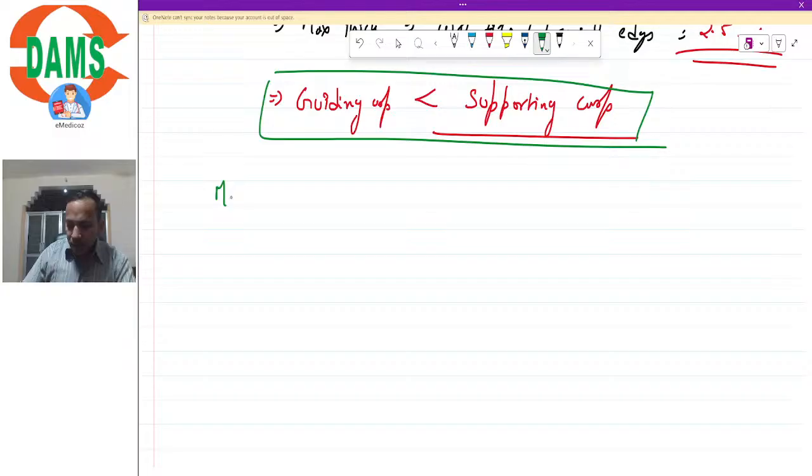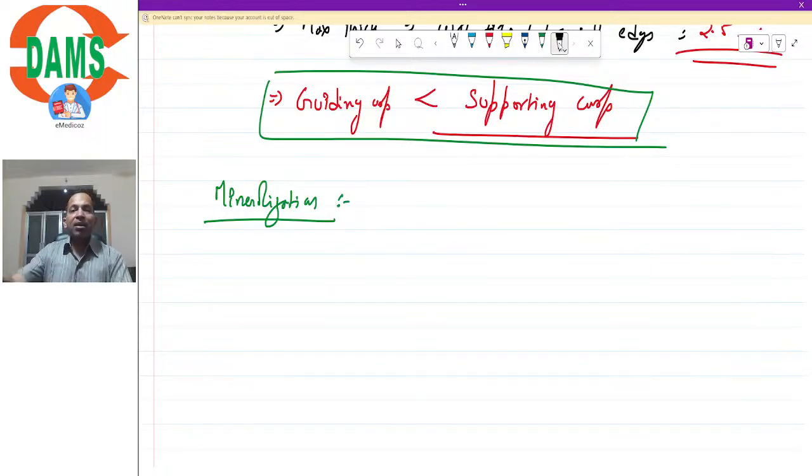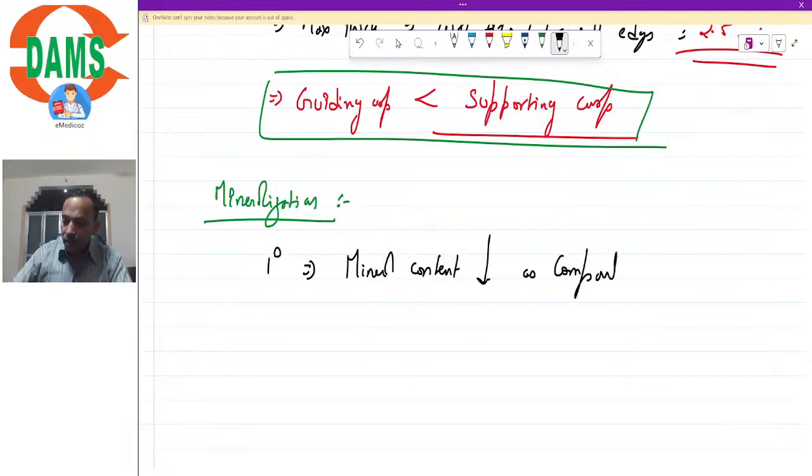Now mineralization. So what do you think about the mineralization of enamel in primary as compared to that of permanent? Do you think there is a difference or do you think they both are same? So in case of primary, mineral content is less as compared to permanent enamel, right? So which of the two do you think would be more translucent? See, the translucency increases with increase in mineralization.